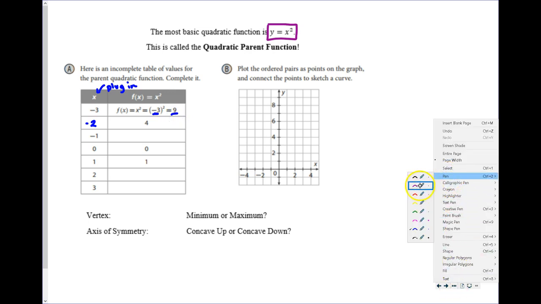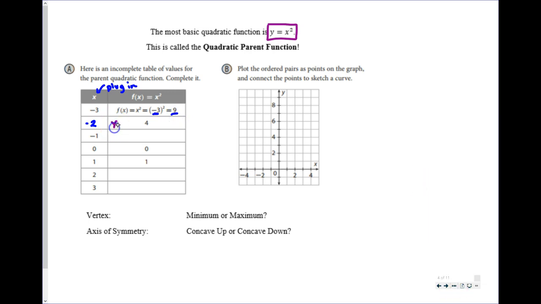So if we keep going down this list, if I have -2 squared, that's going to give me 4. If I have the next point -1 squared, that gives me 1. 0 squared gives me 0, 1 squared gives me 1, 2 squared gives me 4, and 3 squared gives me 9.